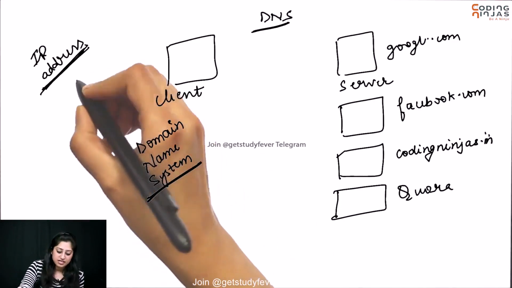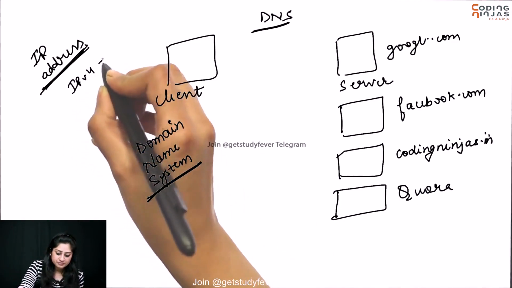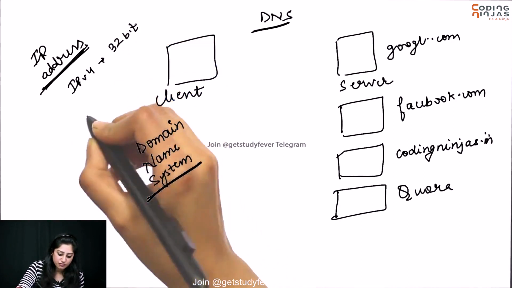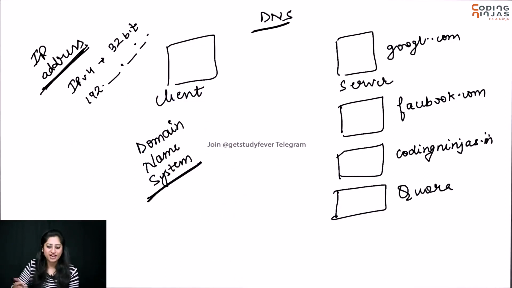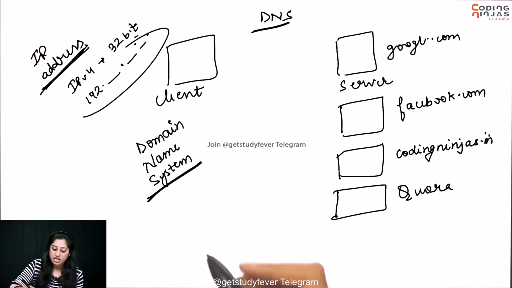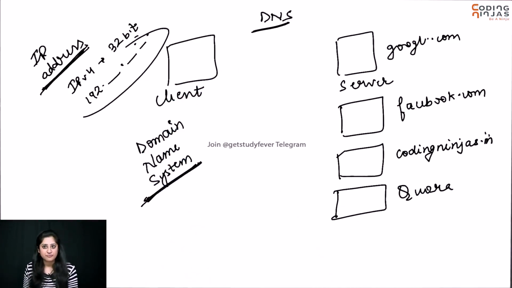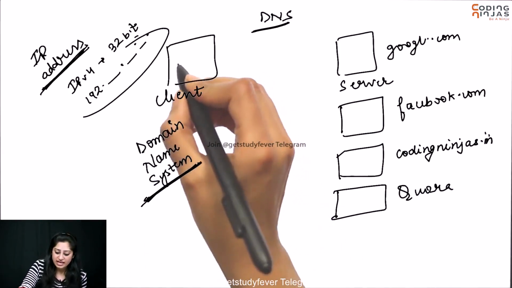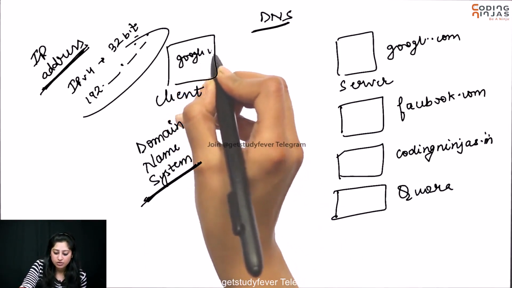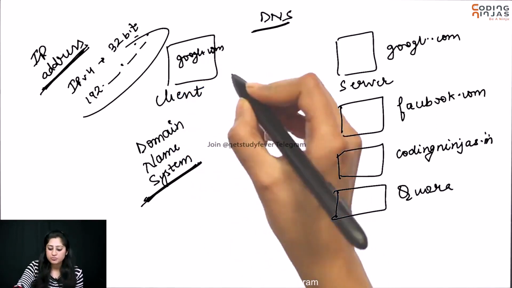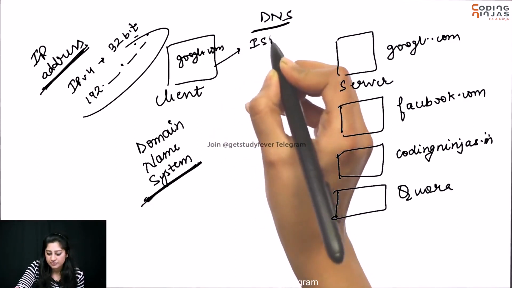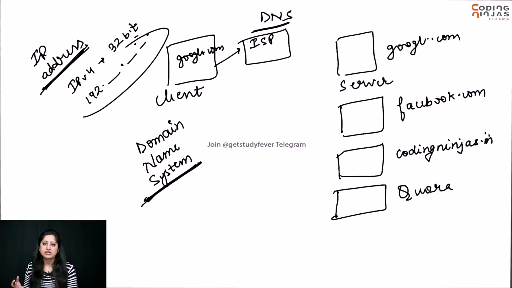If it is an IPv4 address, generally it's a 32-bit address, 4 bytes, 192, let's say, dot something, dot something, dot something. It's pretty hard to remember an address like this. So what we generally do is contact DNS for this. The flow goes like this: let's say I have entered the URL google.com in the browser. The browser will contact the ISP, internet service provider, the one providing you the connection, be it an Airtel connection or Vodafone connection.